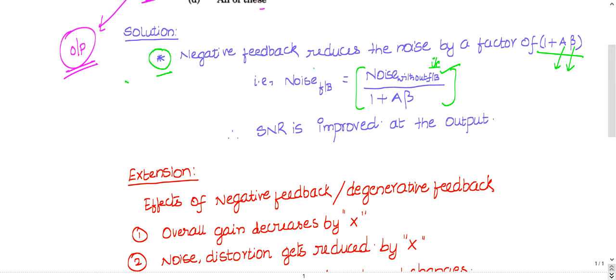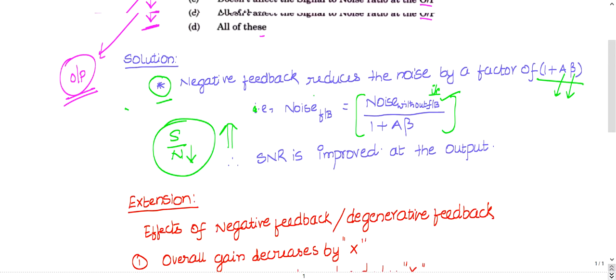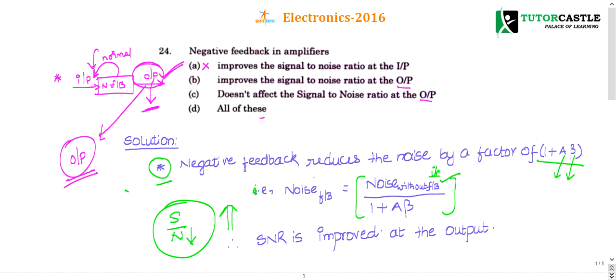Total noise gets reduced by a factor 1 plus A beta. As noise is decreased, the signal to noise ratio, SNR, is increased due to feedback. So the right choice is improves the SNR at the output.